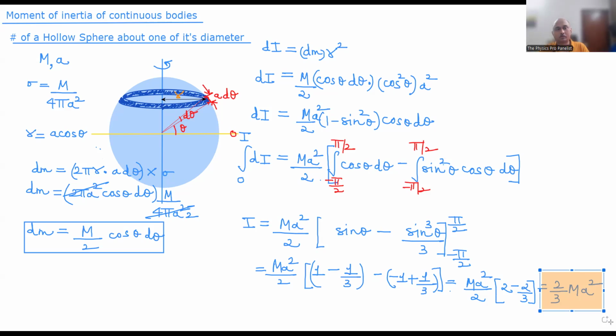Now it's time for finding the moment of inertia of a solid sphere about one of its diameters.